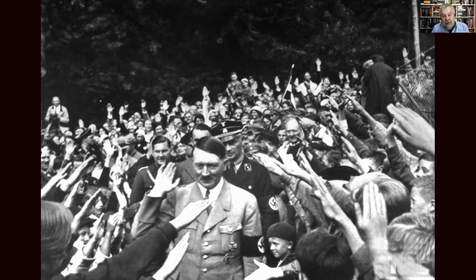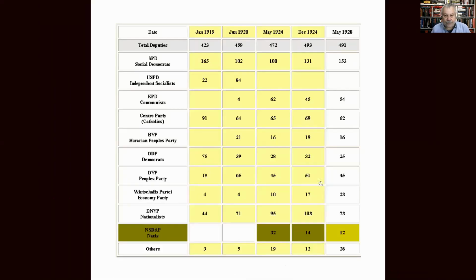So Hitler begins campaigning now for the next election, scheduled, I think, in 1928. And when it does occur in May of 1928, and this is the first time the Nazis run formally, you can see that in the last election, where members of the Nazi Party ran under different party names, they got 14 seats out of 493.